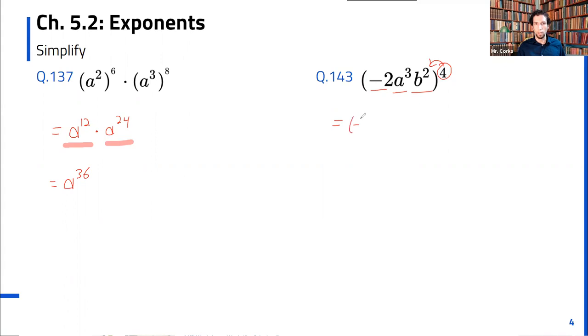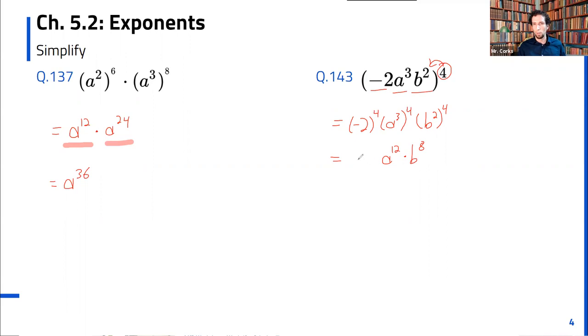We'll have -2 to the exponent 4, a cubed to the exponent 4, and then all that also times b squared to the exponent 4. Each of these will use the exponent rule that we had on the other side. So that's a to the exponent 12 times b to the exponent 8. And then here, -2 to the exponent 4.